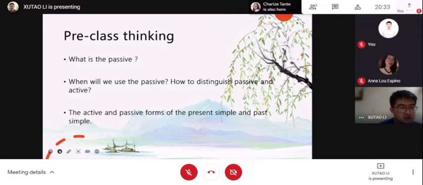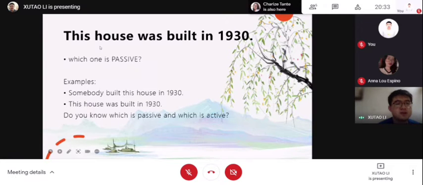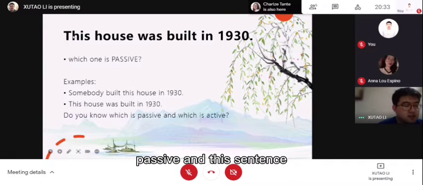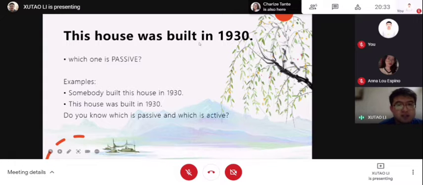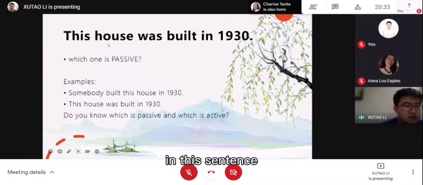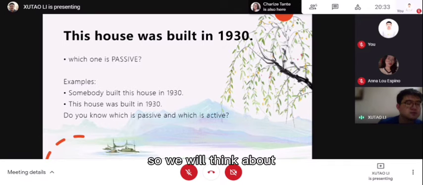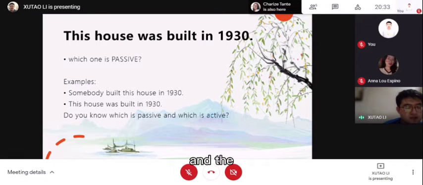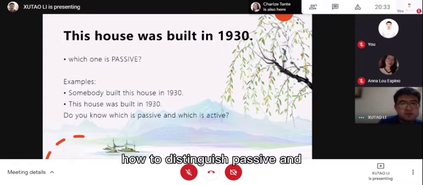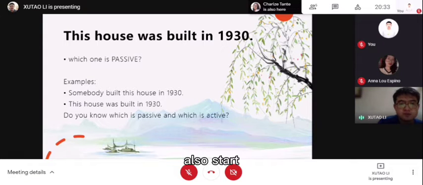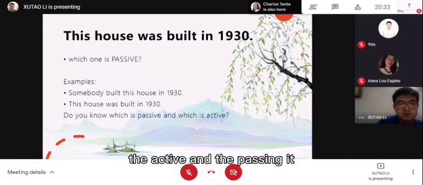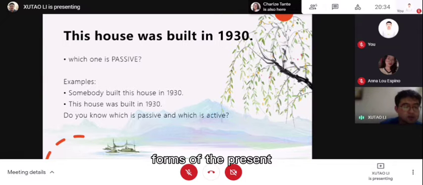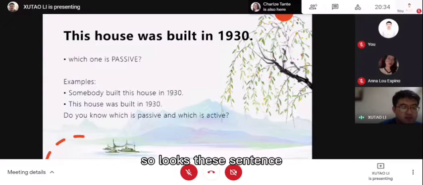In this sentence, we will discuss the passive, and this sentence has a typical passive. So we will think about what is passive, when will we use passive, how to distinguish passive and active, and also study the active and the passive forms of the present simple and past simple. So look at this sentence.